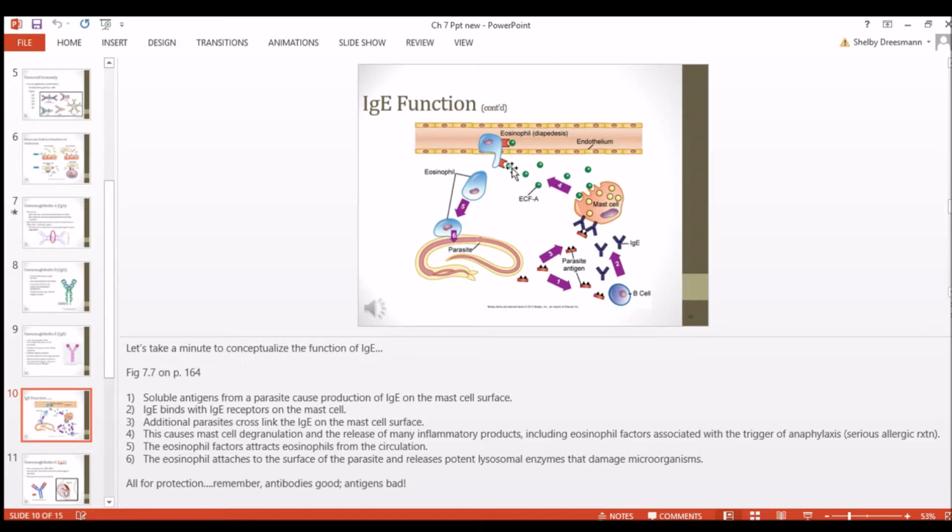And now that histamine is going to cause vasodilation, which will cause diapedesis of the white blood cells, which can further attack the parasite. They also release lysosomal enzymes that damage microorganisms.